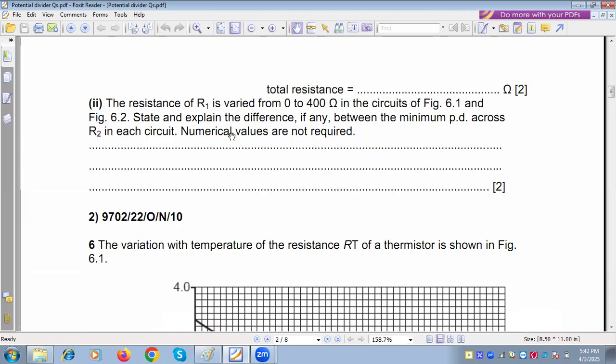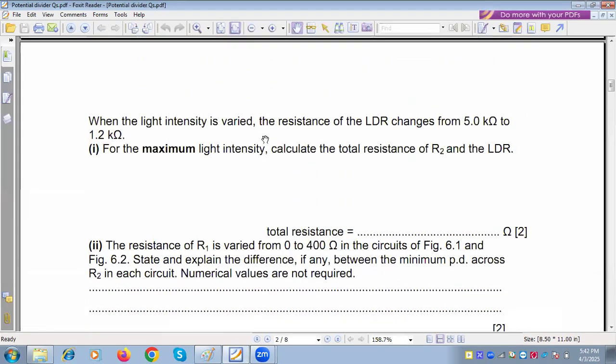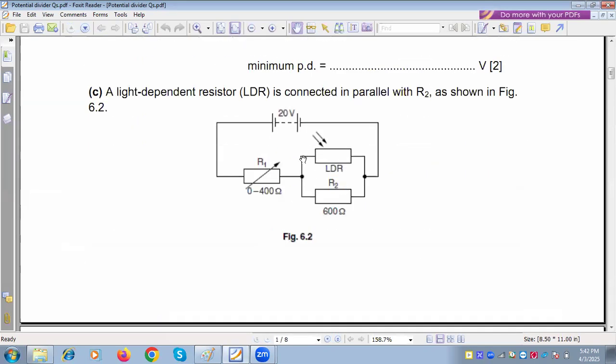And in the second case, what will be the potential difference? If you see the figure here, the total resistance of this combination is 400. And for minimum potential difference, R1 should also be at maximum value. The value of R1 should be 400. Then the potential difference will be minimum.